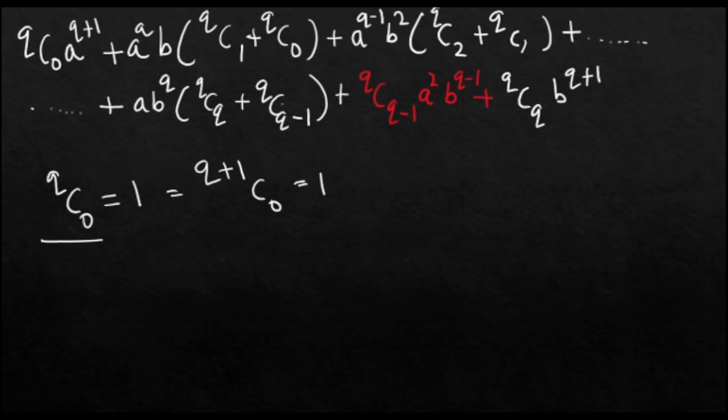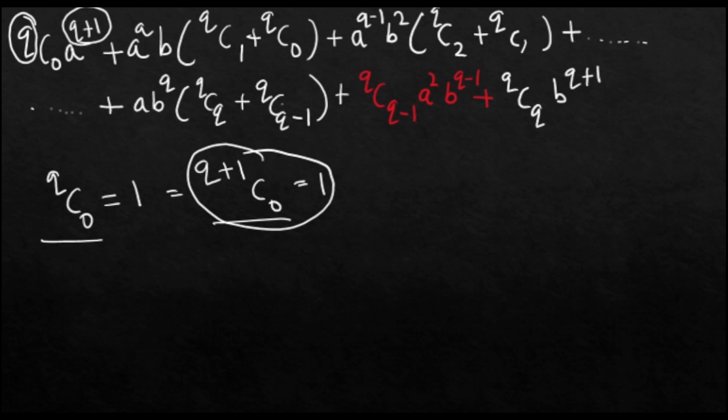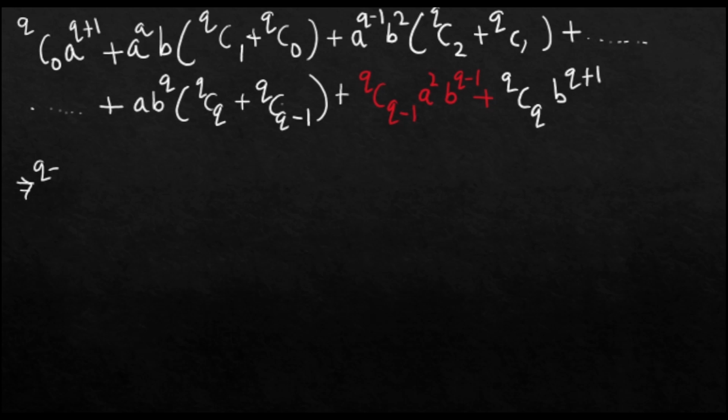So whether we write this or this, it all means the same. Because we have to make the index the same as that of A, I am going to write this coefficient in place of this. So it will be Q plus 1 C0 AQ plus 1.